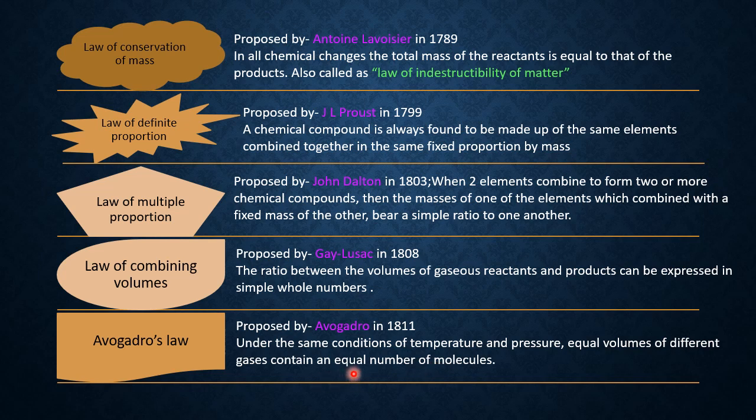Because he has used the word volume, we have to take gases. This law you can apply for gases, not for solids and liquids. What he says here is, under the same conditions of temperature, normal or room temperature and pressure, equal volumes of different gases contain an equal number of molecules. So here equal volume means 22.4 liters of any gas contains the same number of molecules.